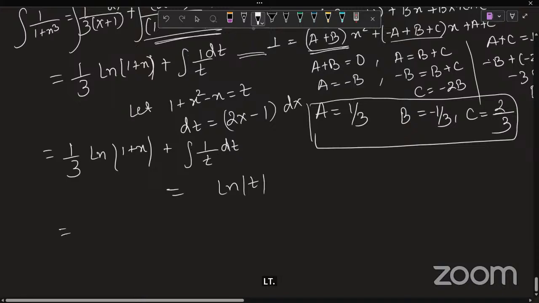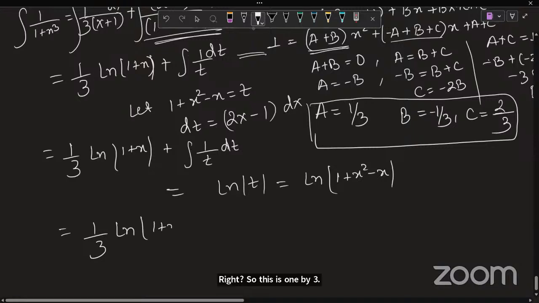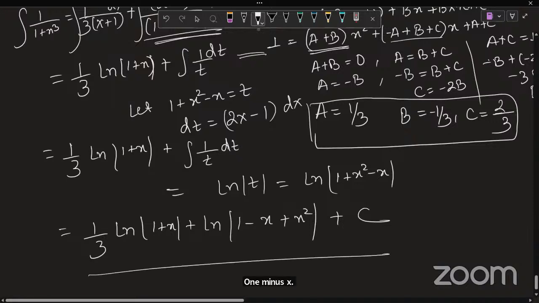So what is the value of t? ln 1 plus x square minus x, right? So this is the value: 1 by 3 ln 1 plus x plus ln 1 minus x plus x square plus c. This is the integration.